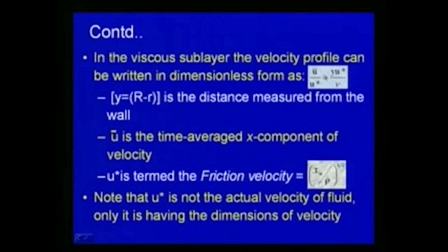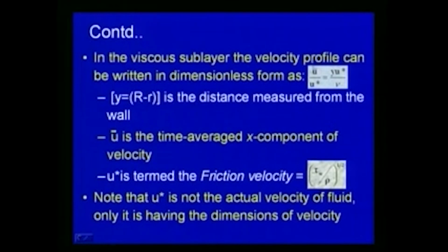With respect to the shear velocity or friction velocity, we can show that in the viscous sublayer the ratio of the mean velocity to the shear velocity can be written as y u star by nu. This u star is not an actual velocity of the fluid, but it only has the dimensions of velocity, and it is called the friction velocity or the shear velocity.